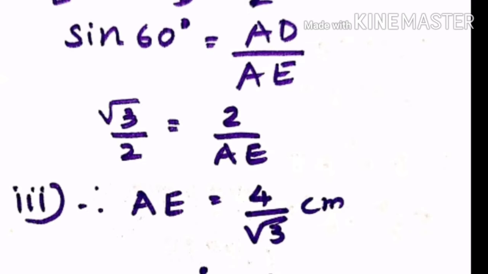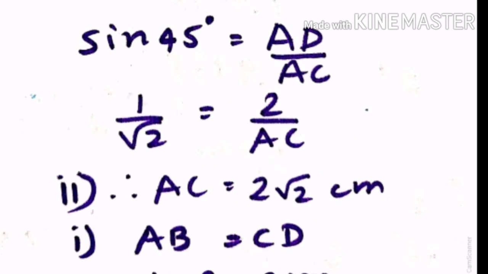For the next value, I will take AC. For that you have to think in which triangle we have to choose the ratio. So now in our next triangle ADC, I take sine 45 degrees. Sine means opposite upon hypotenuse.